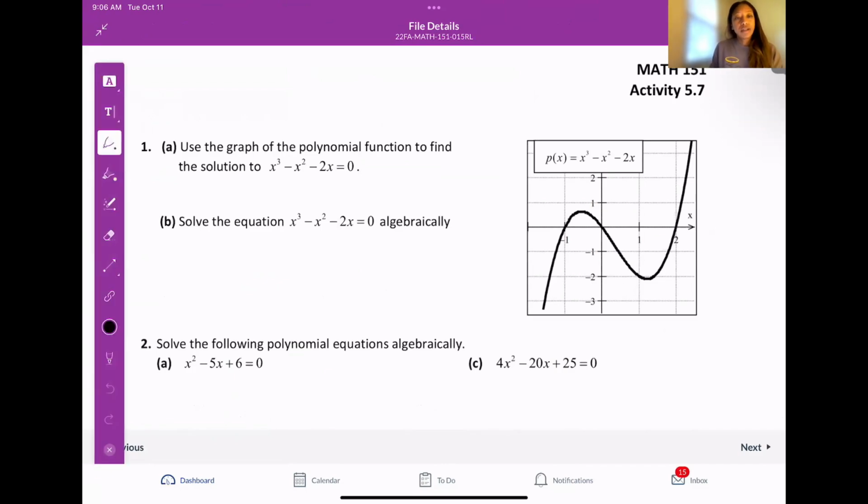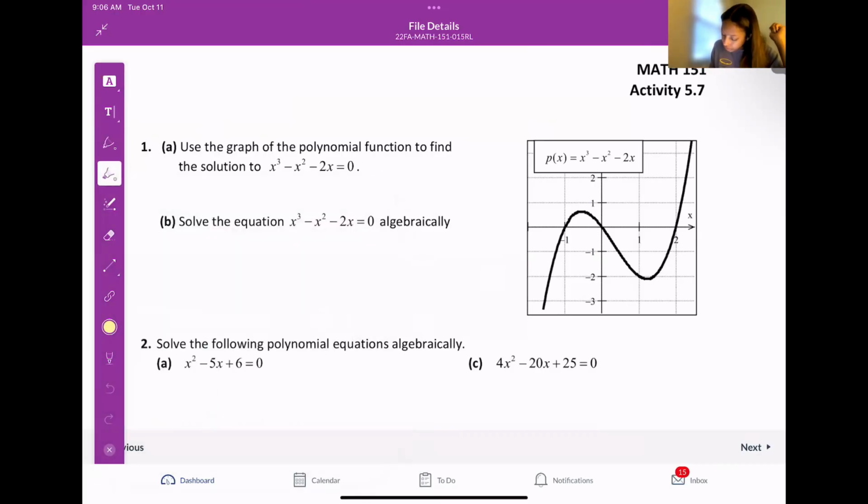For problem 1, we're given a graph of a polynomial function p of x equals x cubed minus x squared minus 2x. And we're asked to find the solutions to the polynomial equation x cubed minus x squared minus 2x equals 0. This is just asking us to find the zeros.